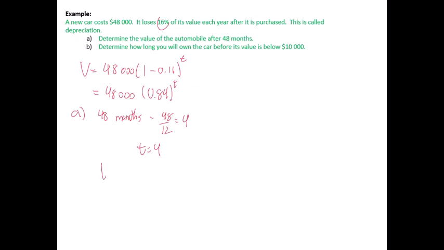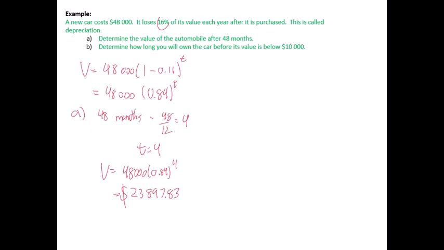That gives us V equals 48,000 times 0.84 to the power of 4. You can plug this in your calculator and you get 23,893. So that'll be how much our car is worth after 4 years. It's a big drop, actually.